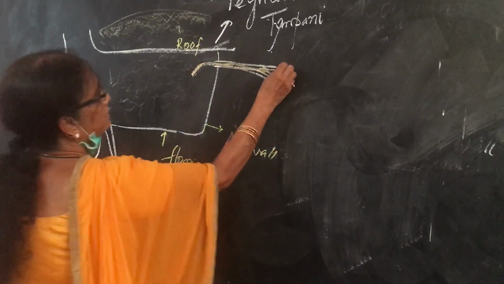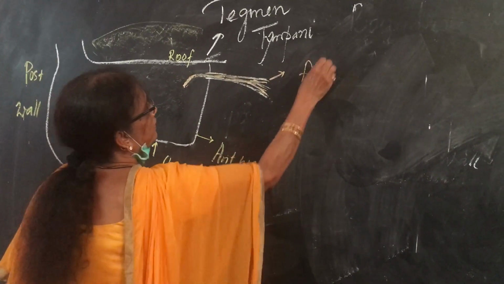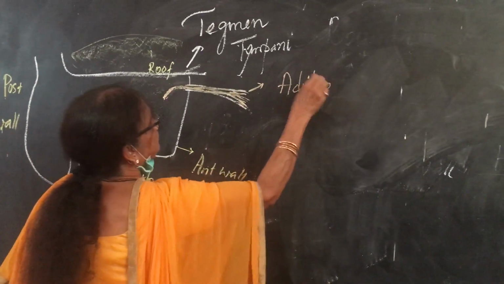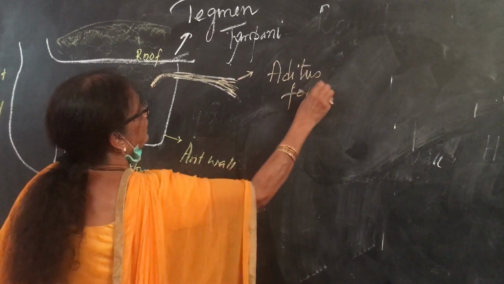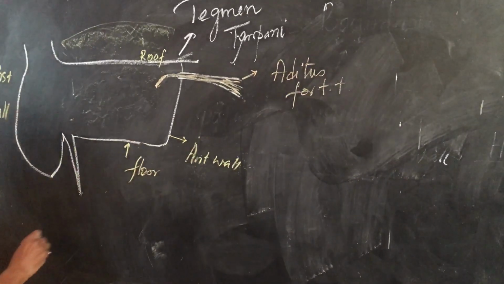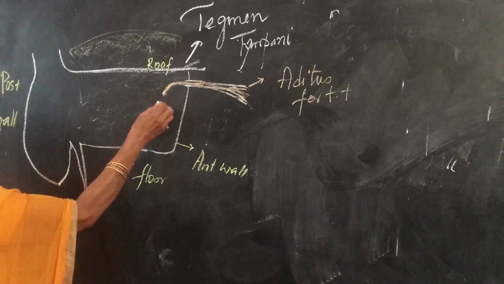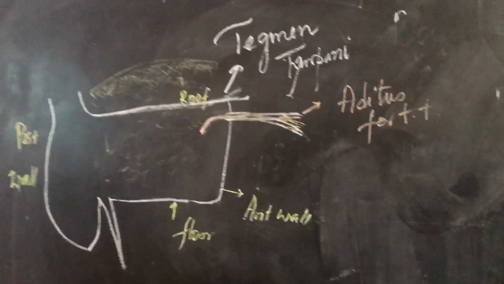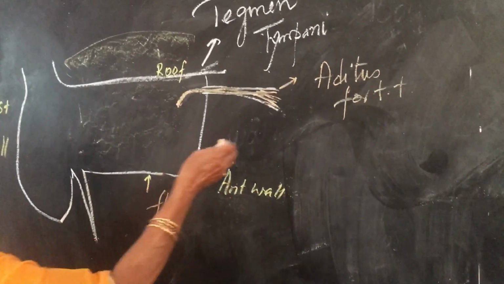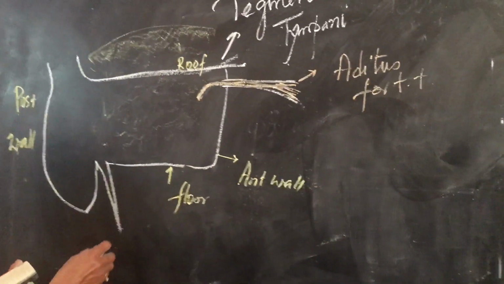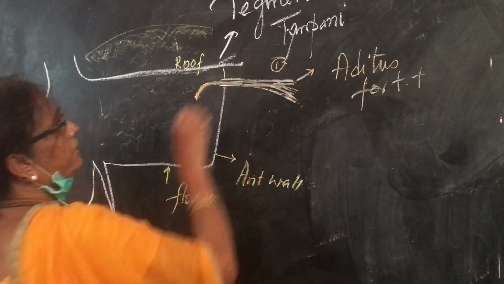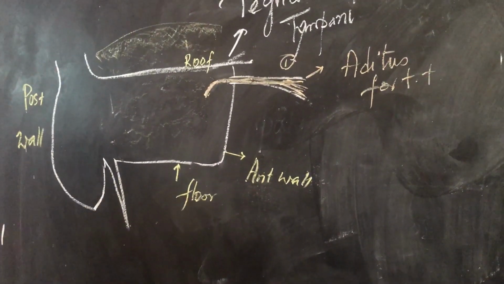This is the additus for tensor tympani. So this is the canal, it makes an acute bend and gets inserted into the malleus. I will come to the detail when I come to the muscles. So this is number 1, the additus of tensor tympani.